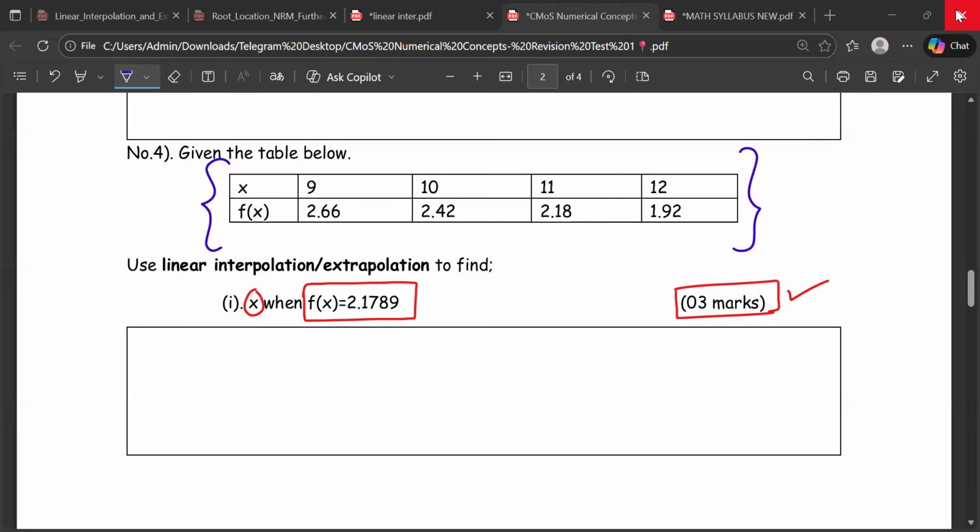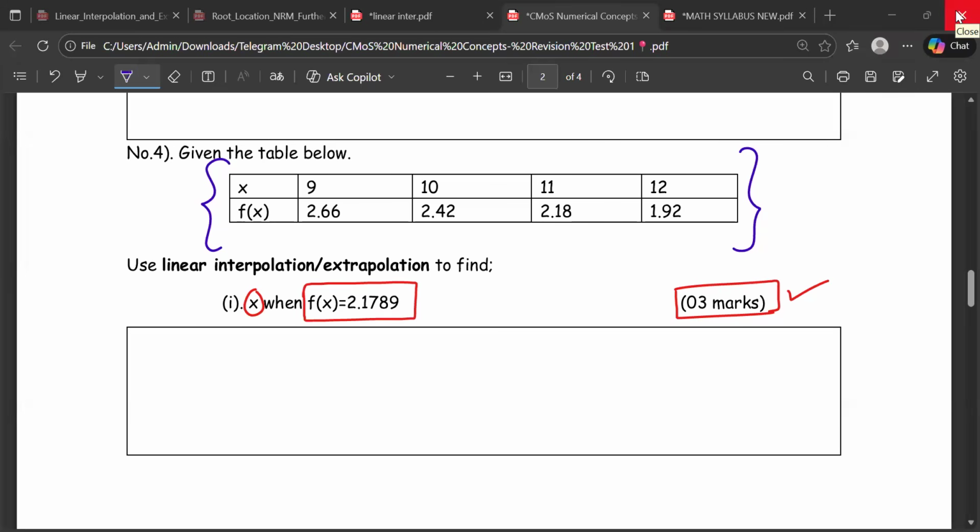It's going to be in between 2.42 and 2.18, so it is interpolation. It is between 2.42 and 2.18. That is true. Meaning we are going to use linear interpolation also. Yes, sir. Thank you so much.